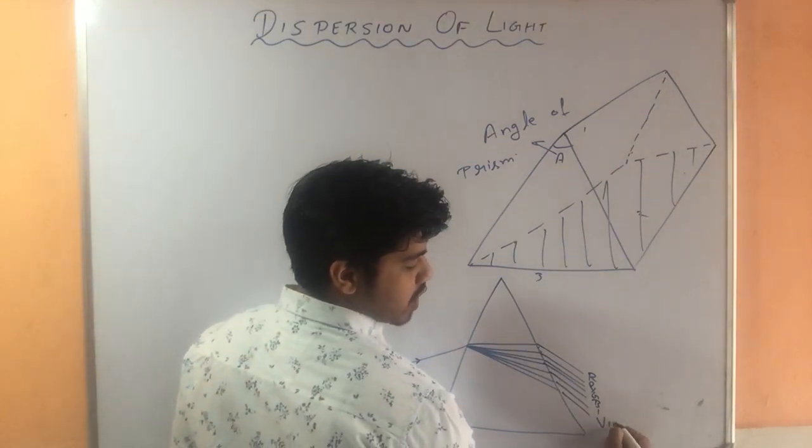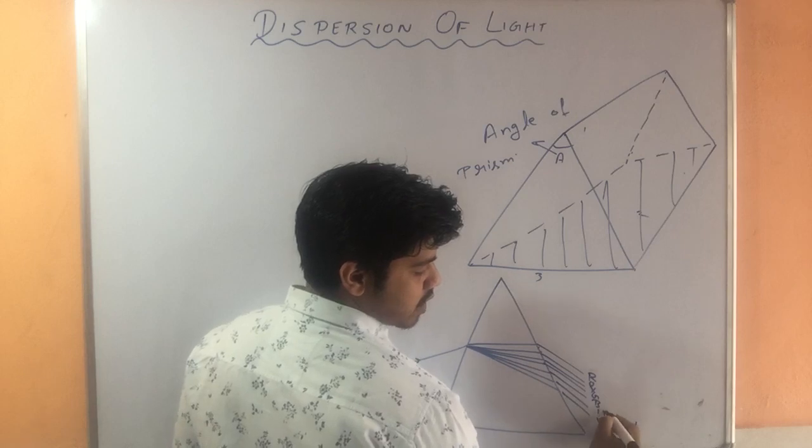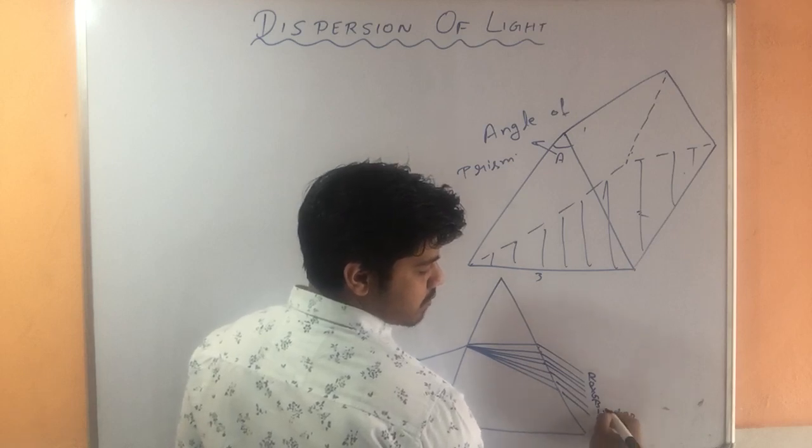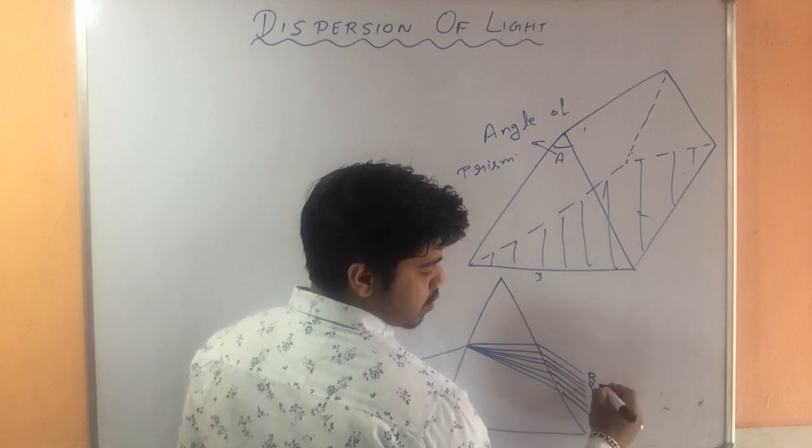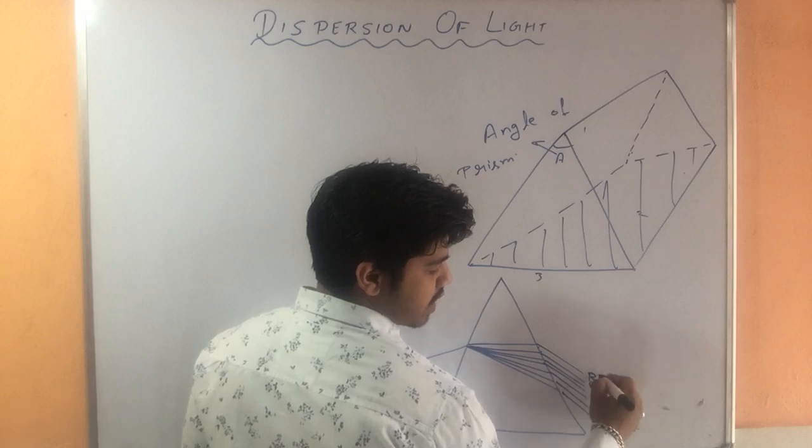V for violet, I for indigo, B for blue, G for green, Y for yellow, O for orange, R for red.